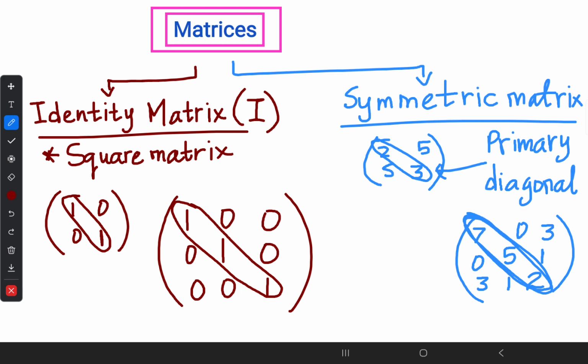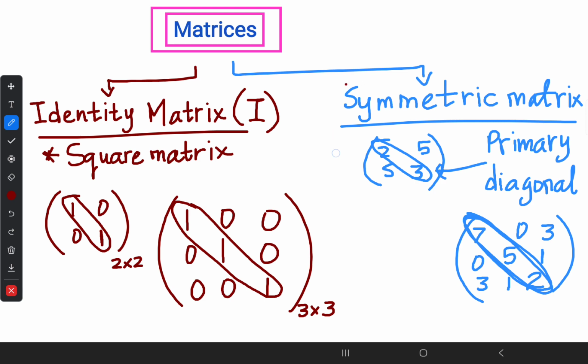What is the order of this one? There are 2 rows and 2 columns. Here there are 3 rows and 3 columns. Identity matrices are applicable only to square matrices. If the main diagonal consists of the value 1 and other values are 0, that unique type of square matrix would be our identity matrix.